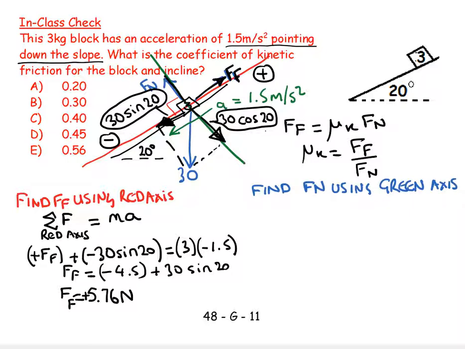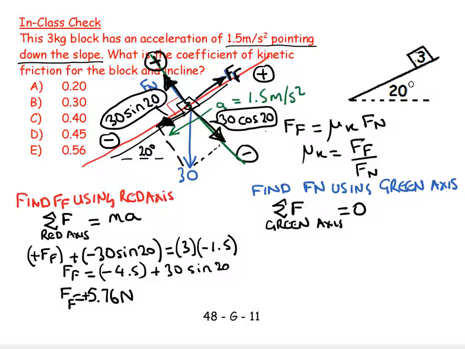And of course we have Fn, which is along the line, and we'll make this side positive and this side negative. Now, in this case, the sum of the forces in this direction equals 0. The sum of the forces along the green axis equals 0. Or you could say the sum of the forces equals ma, and then recognize, oh, but the acceleration is perpendicular to this axis, and so it has no component.